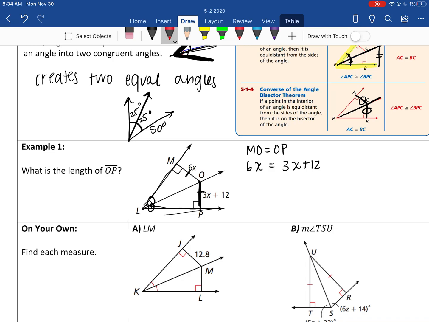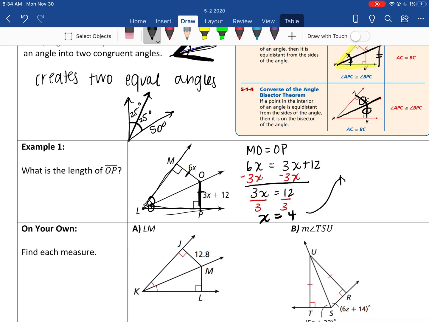You solve, subtract a 3x on both sides. You get 3x is equal to 12. Divide by your 3, and you're going to get that x is equal to 4. But again, it doesn't want x. It wants the value or the length of OP.